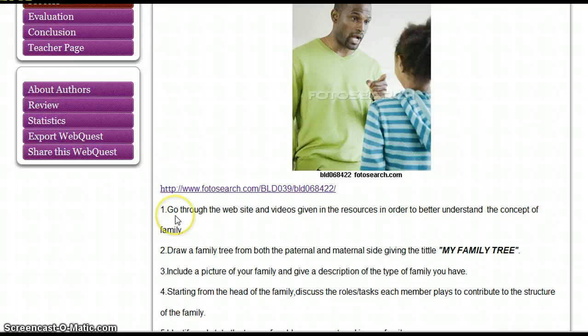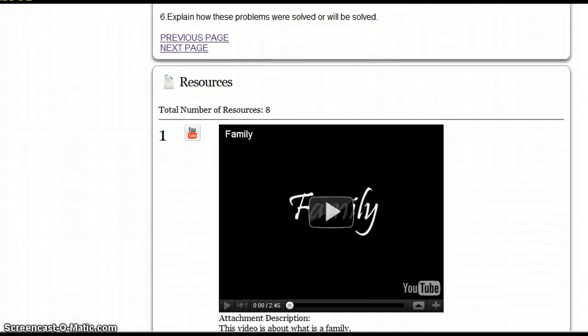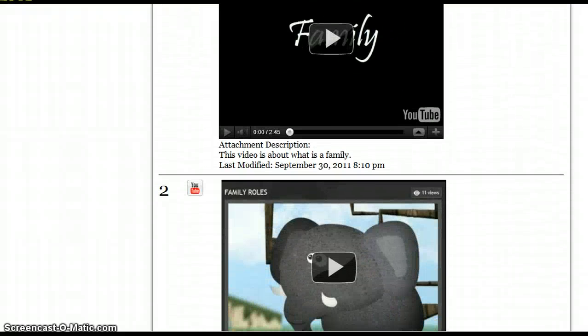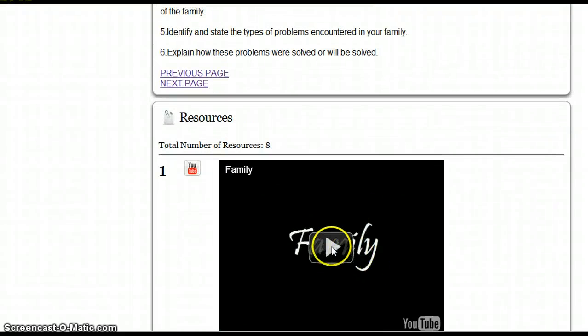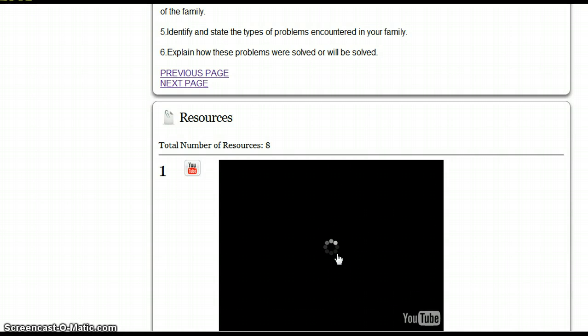Before starting to attempt this Webquest, the students have to go through the websites and videos given in the resources in order to better understand the concept of family. I have included the resource page together with this process page, so the students can go over all these resources by simply clicking on them. For example, if they want to select the video, they can click on the play button over here, and this will directly take them to the video.